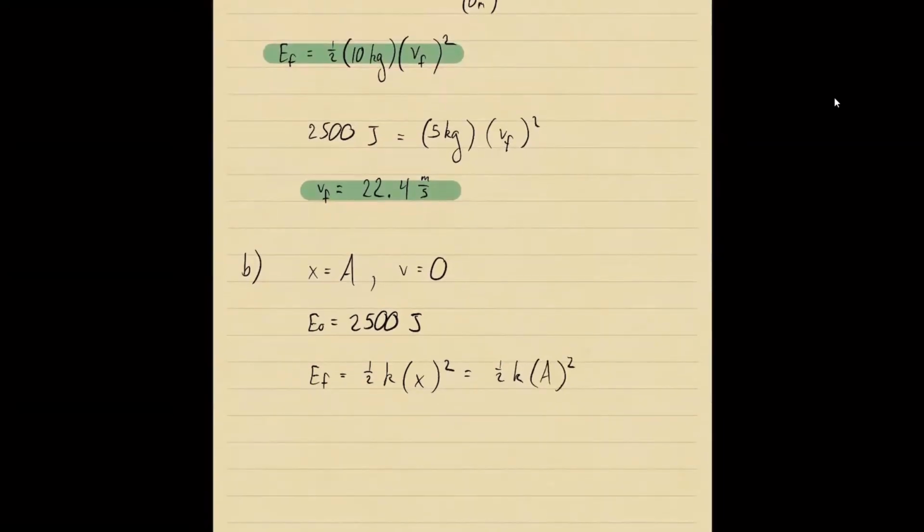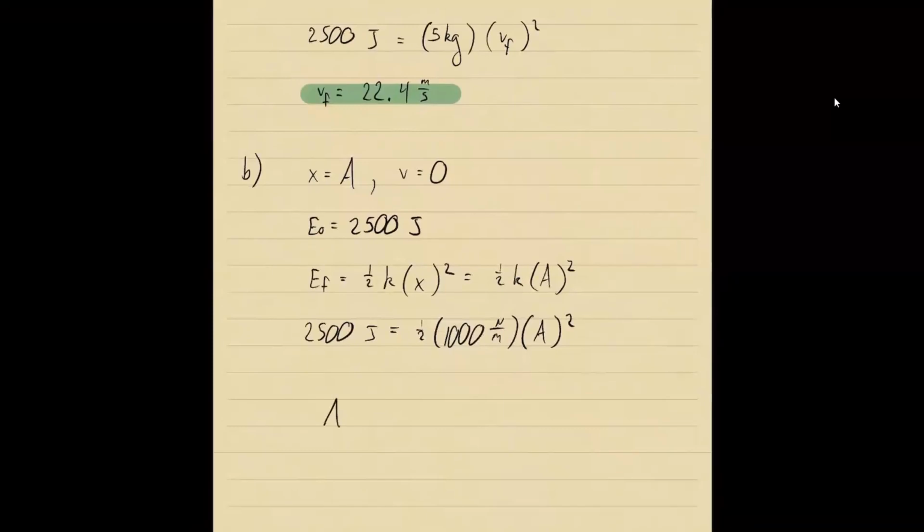So on the left-hand side, you have the initial energy of our system, 2,500 joules. And on the right, you have 1/2 times k, which is 1,000 newtons per meter, times A squared. If you solve this for A, you get that this thing has a maximum displacement of 2.24 meters.